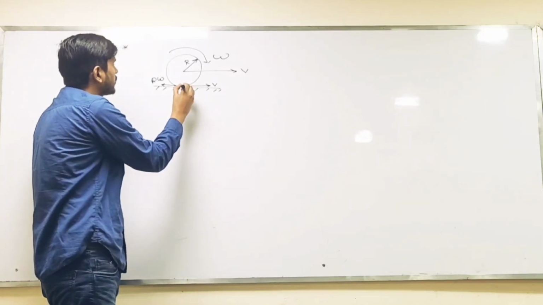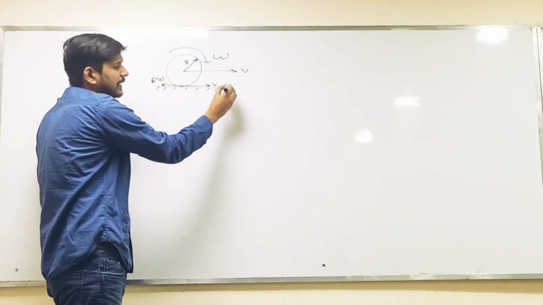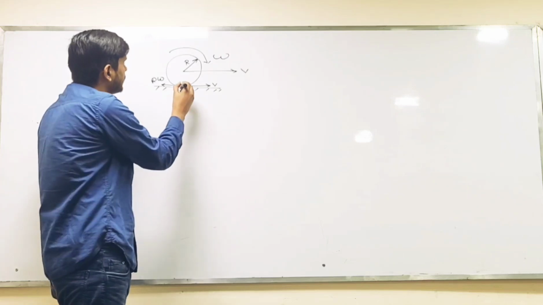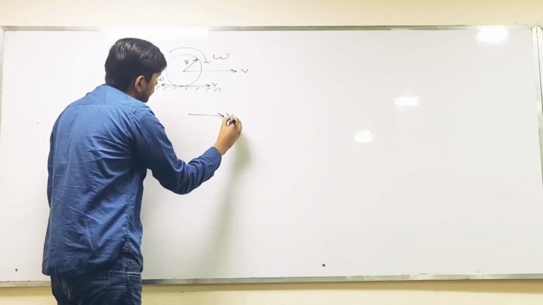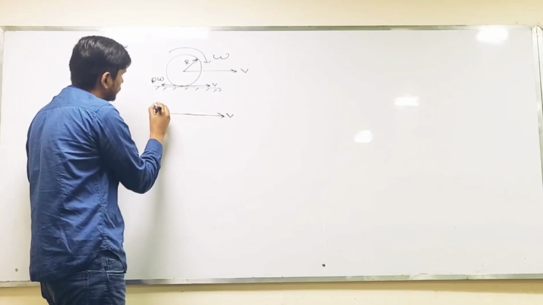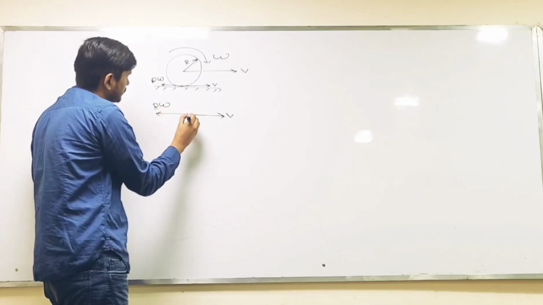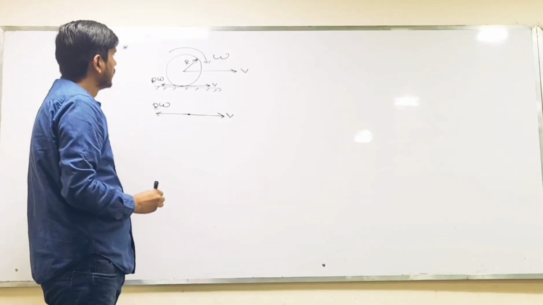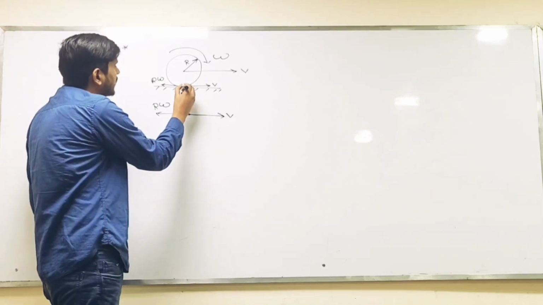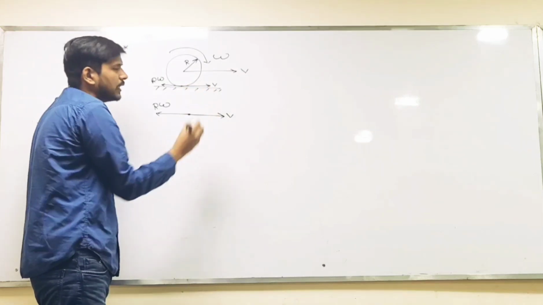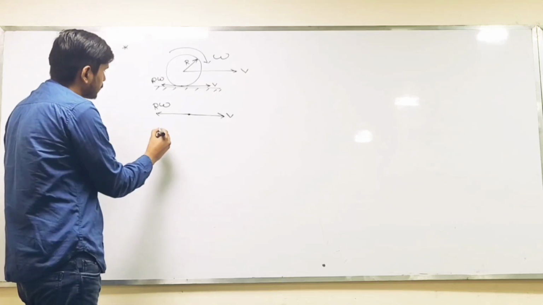Due to rotational motion, r omega is this and v is this. This point has two velocities. To find the direction of friction on this point, which will contact with ground, we will take three cases.